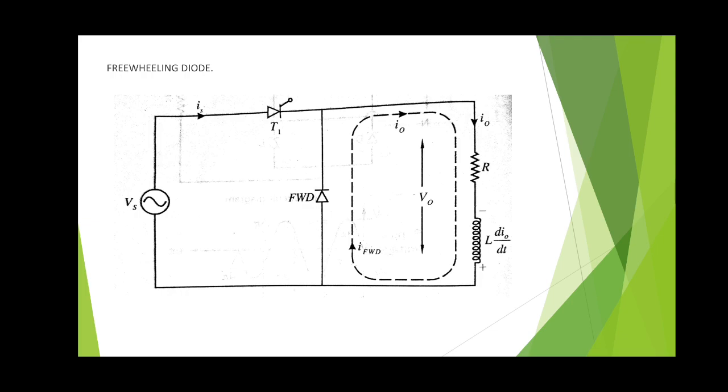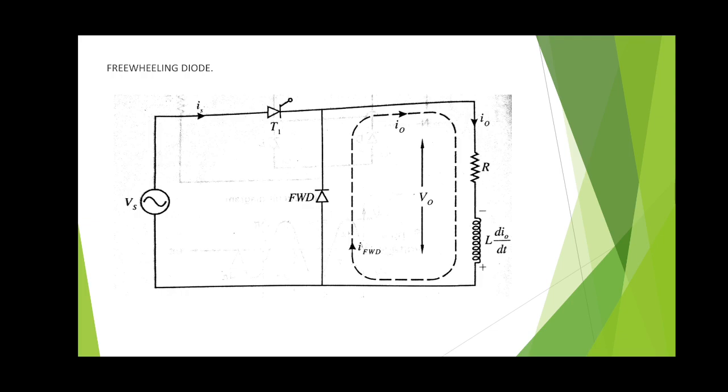As we are using AC supply and a single SCR, during the positive half cycle the SCR is going to conduct when it is fired, and no current will flow through the freewheeling diode. At the end of the positive half cycle, the supply voltage becomes negative. The SCR turns off due to natural commutation.